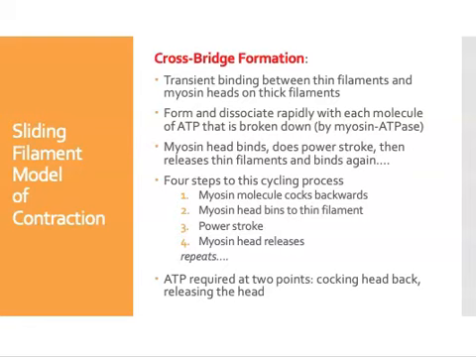And then it has to let go and bind to the next spot and slide. So these cross bridges that form between the thick and thin filaments, these are transient structures. They form and then they let go, and then they form and then they let go. And every time a cross bridge forms, it forms because a molecule of ATP has been broken down.